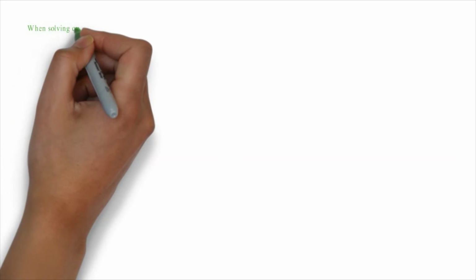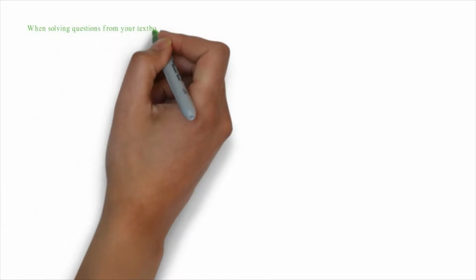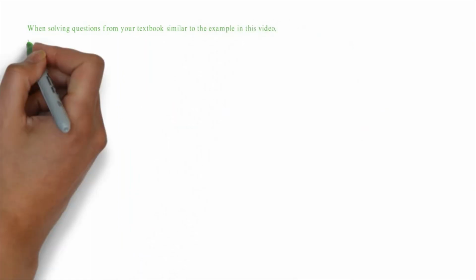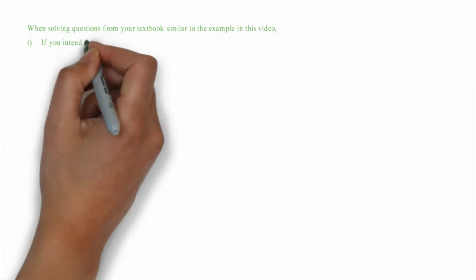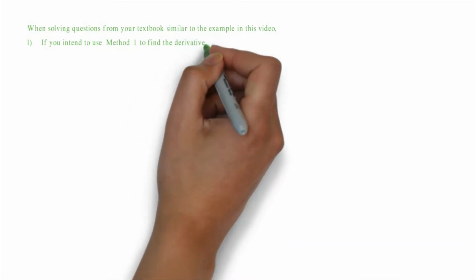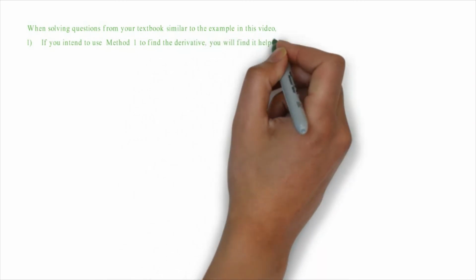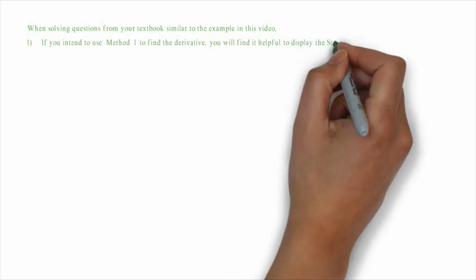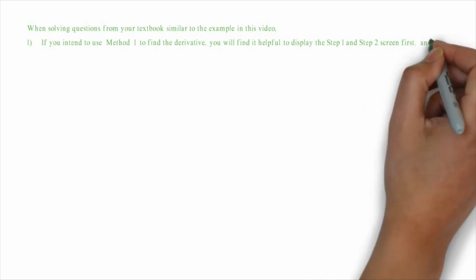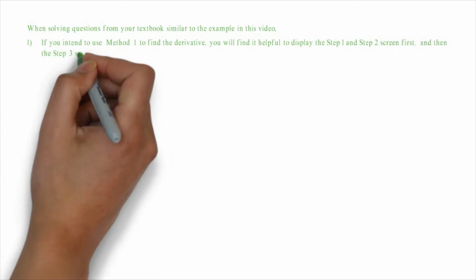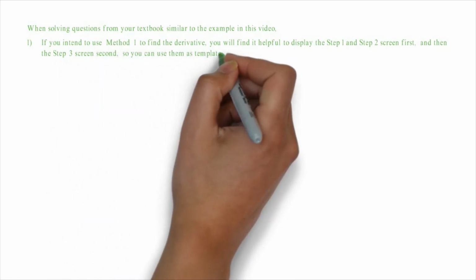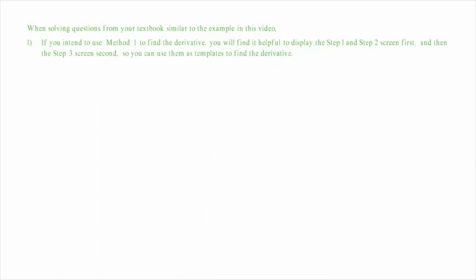When solving questions from your textbook similar to the example in this video, 1. If you intend to use method 1 to find the derivative, you will find it helpful to display the Step 1 and Step 2 screen first, and then the Step 3 screen second, so you can use them as templates to find the derivative.